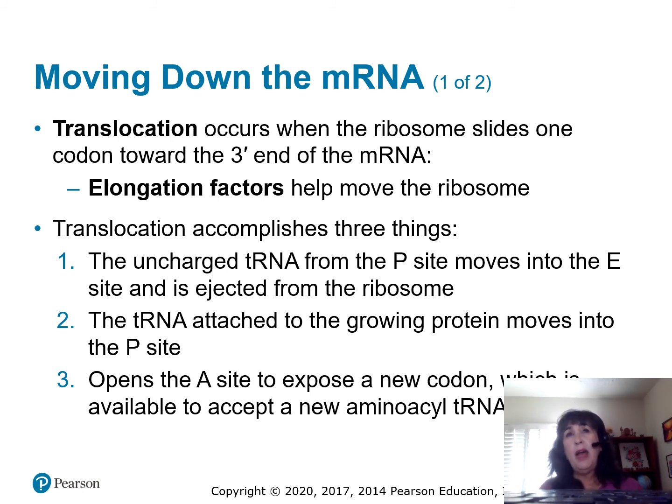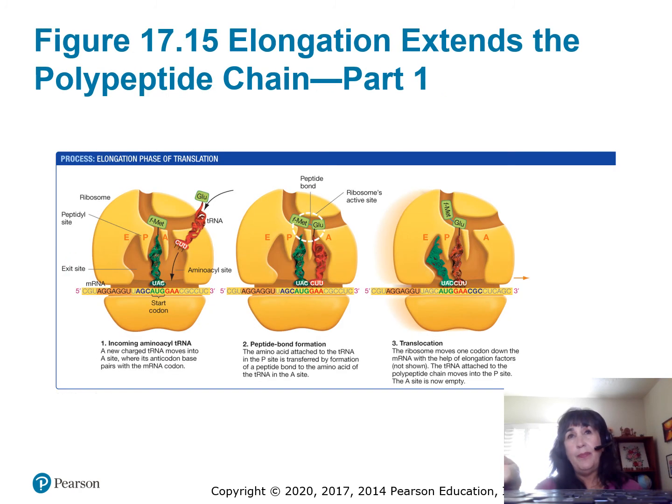And it says here elongation factors help move the ribosome. This movement along the messenger RNA in the 5' to 3' direction is called translocation, and it's moving one site at a time. If you look in your book, it'll be across 2 pages, this movement, this translocation.